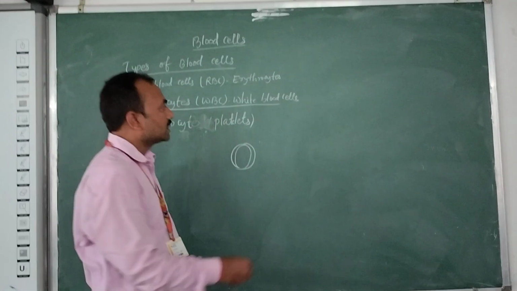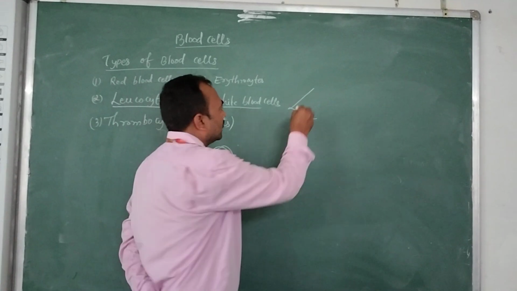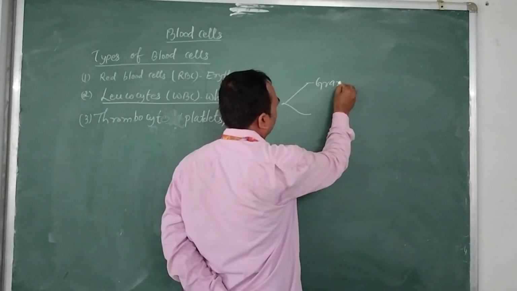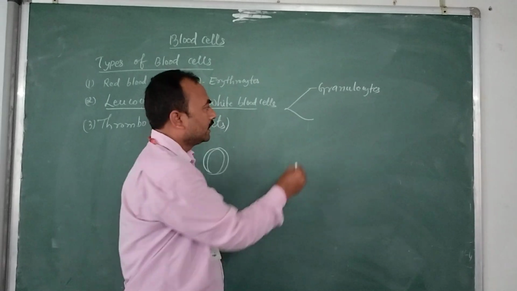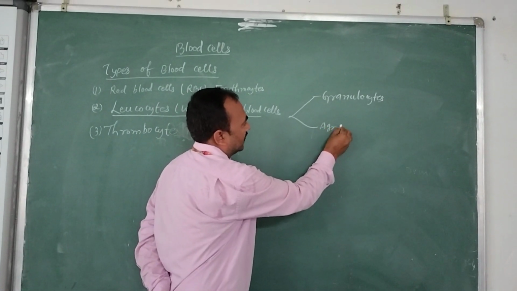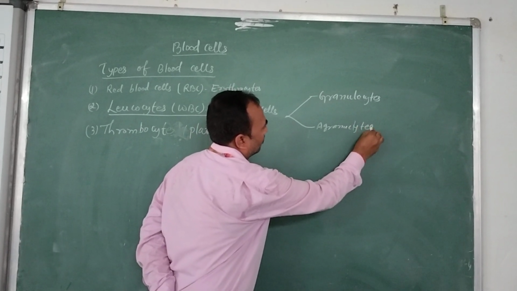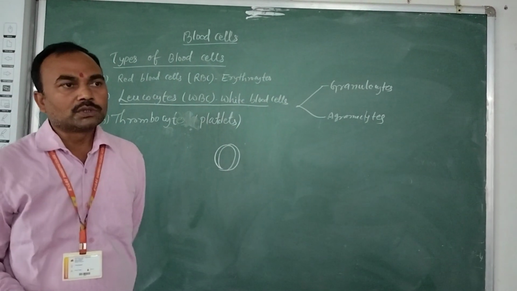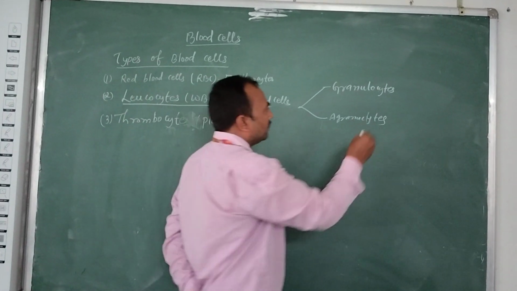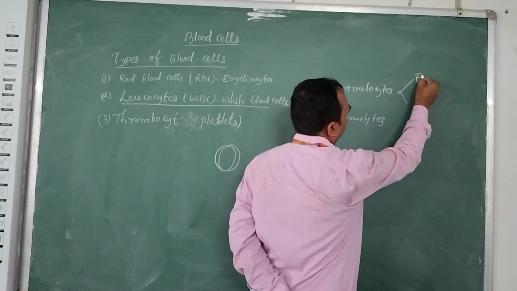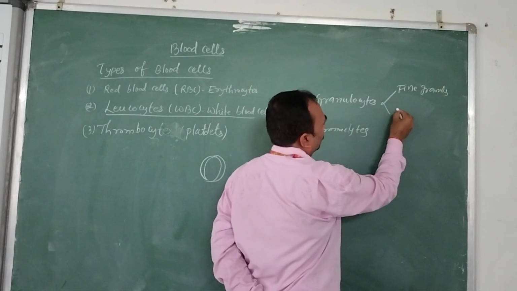WBC cells have two main types: granulocytes and agranulocytes. Again, granulocytes have two types: one with fine granules and one with coarse granules.